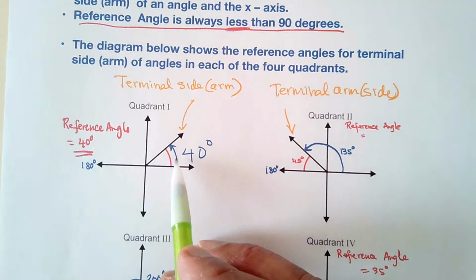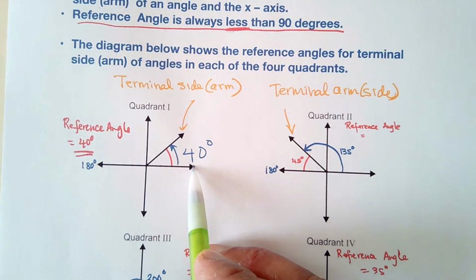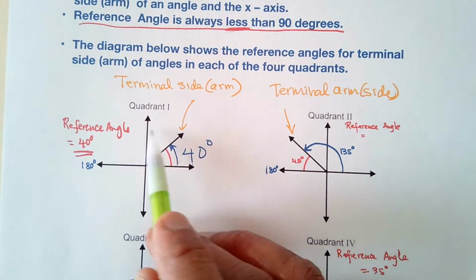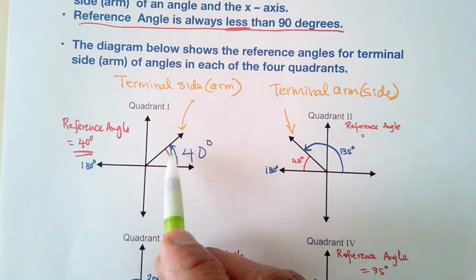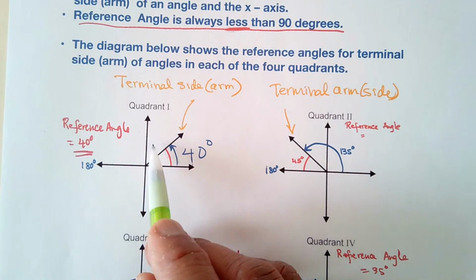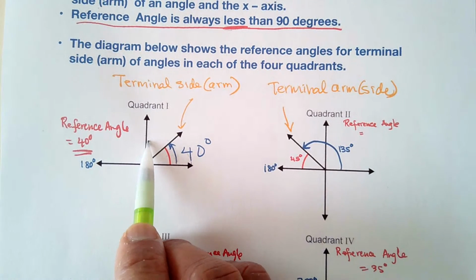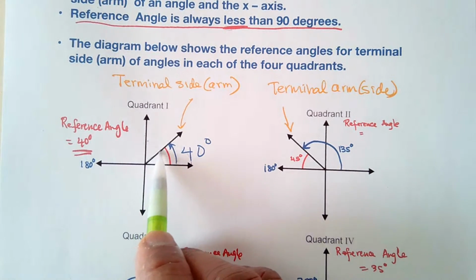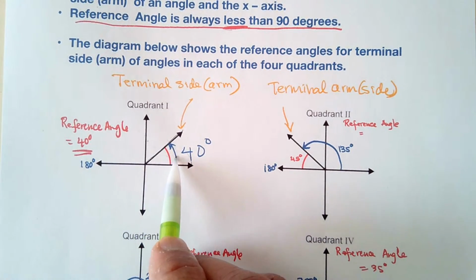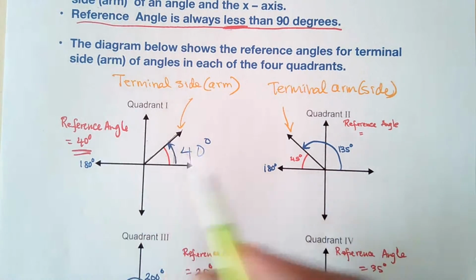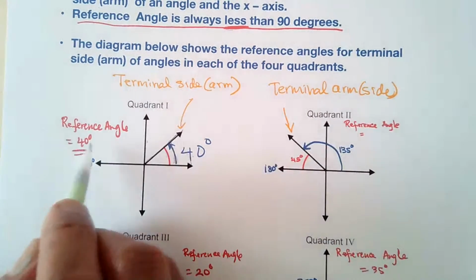The reference angle is always measured from the x-axis, counterclockwise. It cannot be greater than 90 degrees, so it will always be less than 90 degrees. So this is my terminal arm. The angle from the x-axis to the terminal arm is 40 degrees, so the reference angle will be 40 degrees.